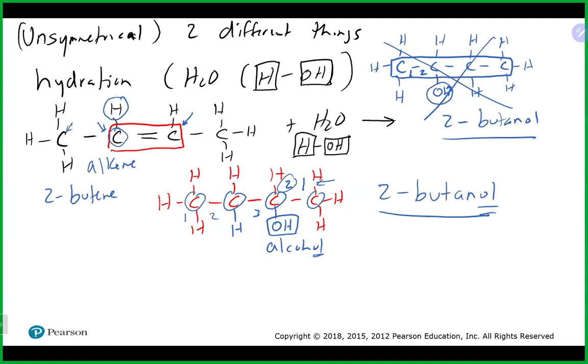So this has one hydrogen attached here. This carbon right here has one hydrogen directly attached to it. So when you have a double bond that has the same number of hydrogens attached to it, and you have this unsymmetrical where you're adding two things, it doesn't matter where you put them. It will end up being the same compound every time. But if you have a difference in the number of hydrogens there, it does matter.